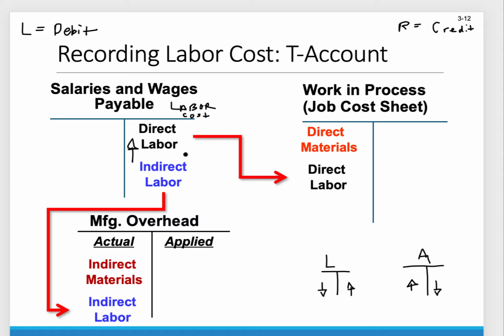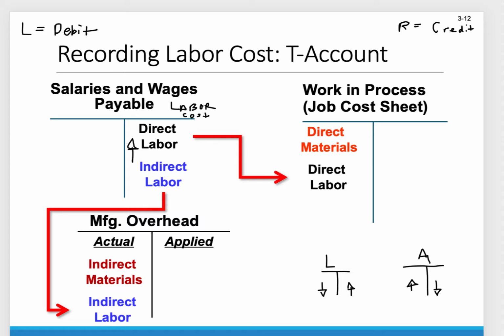This direct labor flows to the WIP account, and it does that by being debited. The indirect costs flow to manufacturing overhead. Because it's indirect labor, it's costs that we actually incurred. That's why we need to debit our manufacturing overhead.